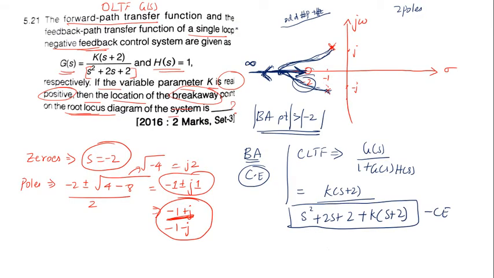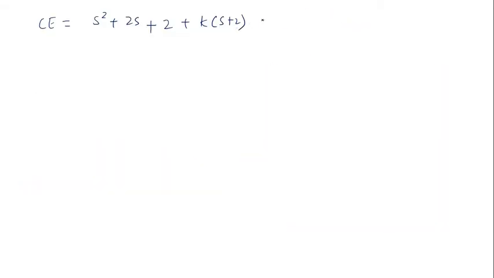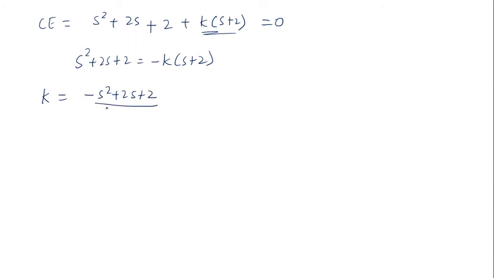Now I equate it to 0. Taking K to the other side, s square plus 2s plus 2 equals minus K into (s plus 2). So K is equal to minus (s square plus 2s plus 2) divided by (s plus 2).